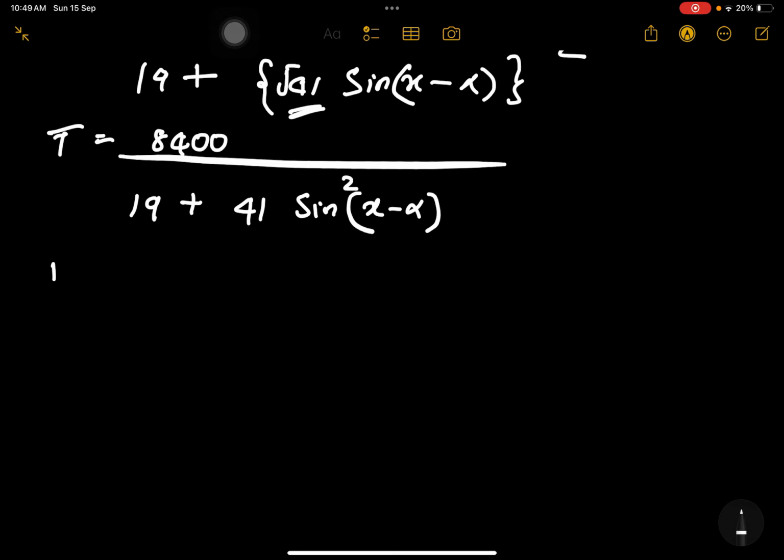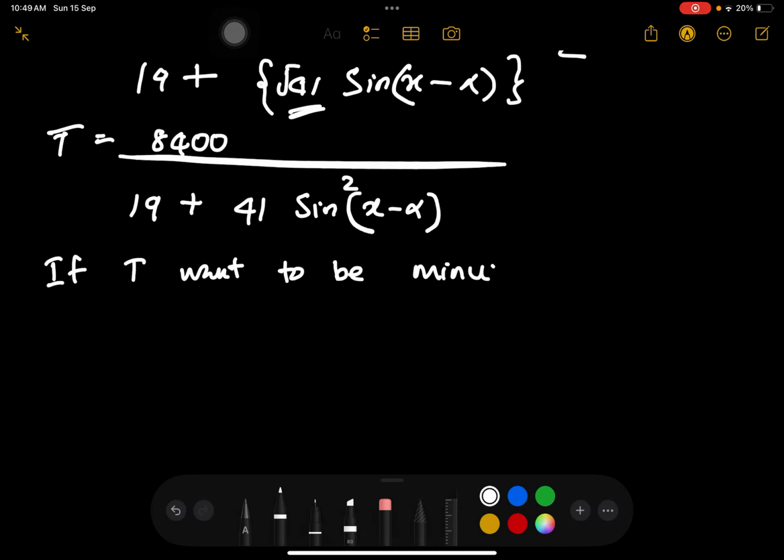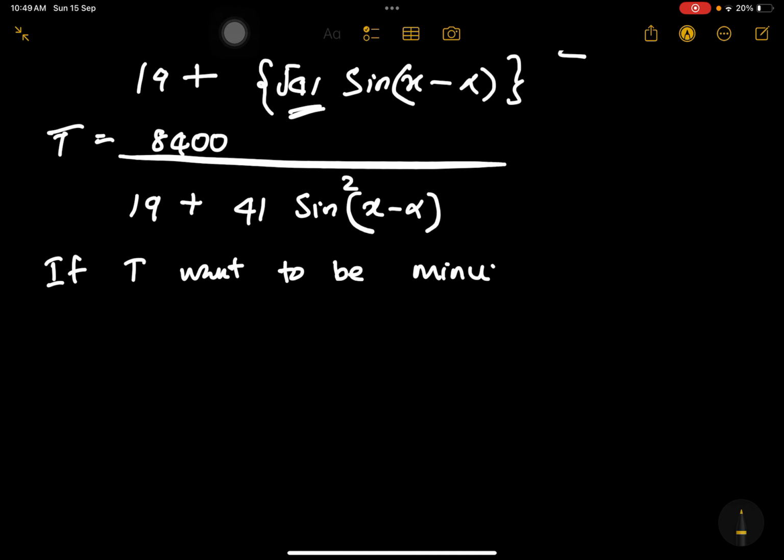So if t wants to be minimum, what is the condition? The 8400 on the top is not changing. It is a fixed amount, and this 19 is also a constant.